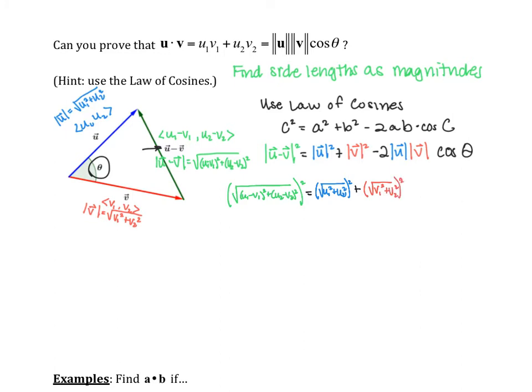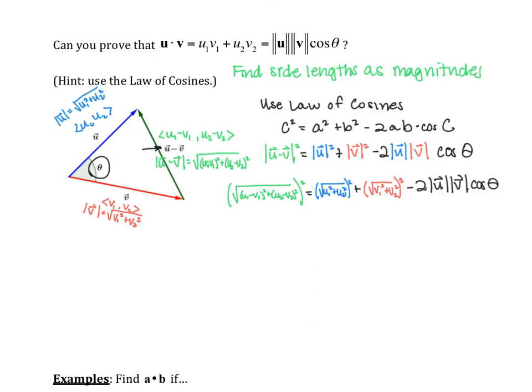minus, now I'm actually going to leave these magnitudes as they are, and I'll show you why in just a minute, because we're trying to show that u1 v1 plus u2 v2 is equivalent to this. So I'm just going to leave the magnitudes in their place. Okay, so simplifying, we get something that's a bit of a mess.